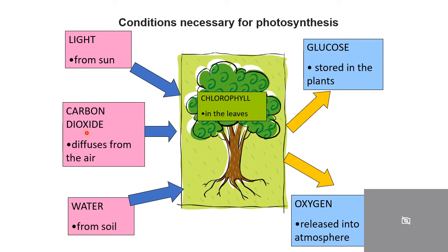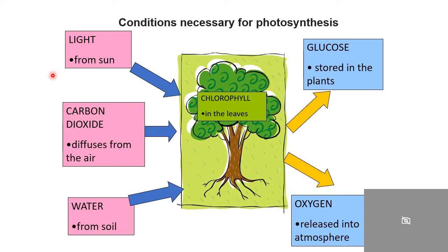So the plant utilizes this carbon dioxide by the process of diffusion. You only have to be aware of this term diffusion, that is, it diffuses from the air, which you will learn in the next class. And the third raw material necessary for photosynthesis is water, which they absorb through their roots from the soil.